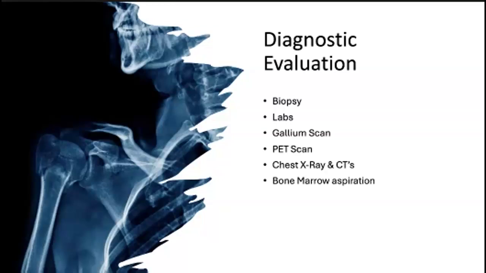Imaging includes gallium scans and PET scans. Remember that a gallium scan evaluates disease extent. Chest x-rays and CAT scans assess how far it has spread. We can do bilateral bone marrow aspiration and biopsy, usually only if type 2 symptoms are present.